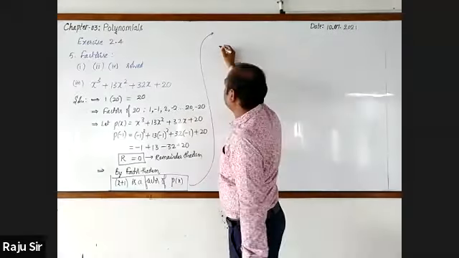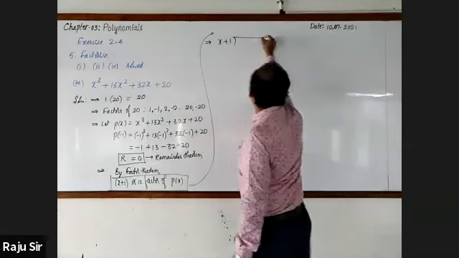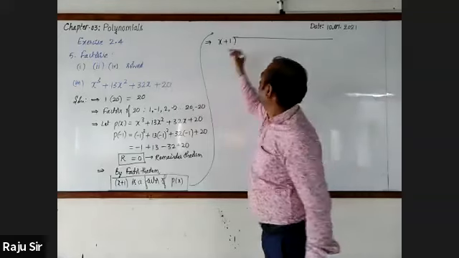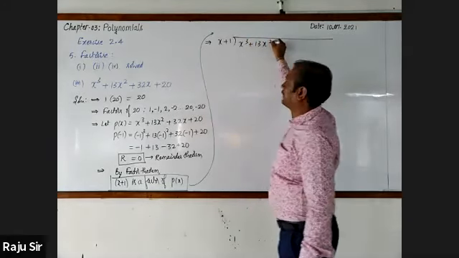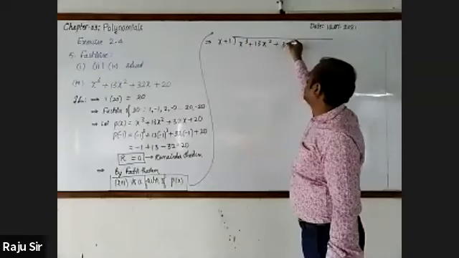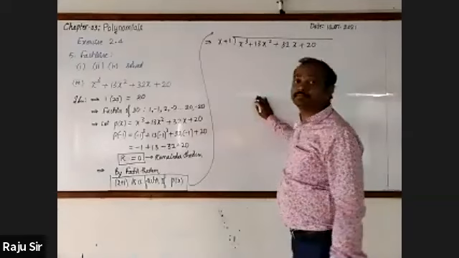From x plus 1, let us divide the polynomial x cube plus 13x squared plus 32x plus 20. The quotient is x square plus 12x plus 20.